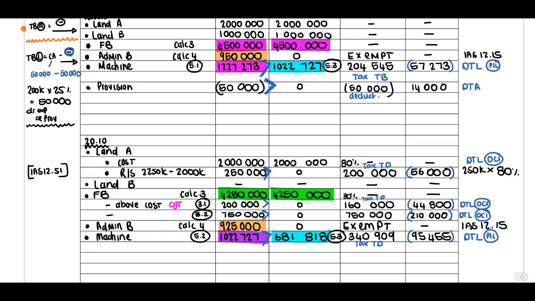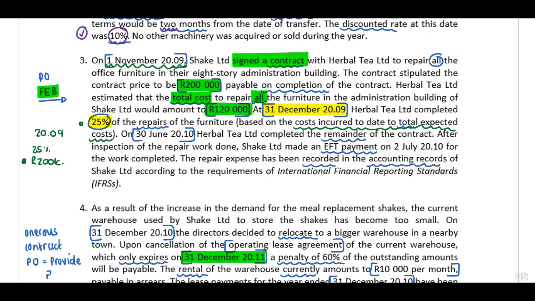Now, let's refer back to our given information. Then they indicate to us in the next sentence, Herbal Tea Limited completed the remainder of the contract. After inspection of the repair work done, Shake Limited made an EFT payment on 2 July 2010 for the work completed. The repair expense has been recorded in the accounting records of Shake Limited.